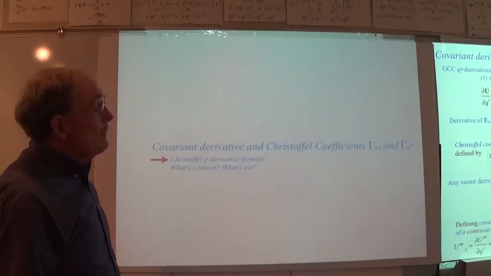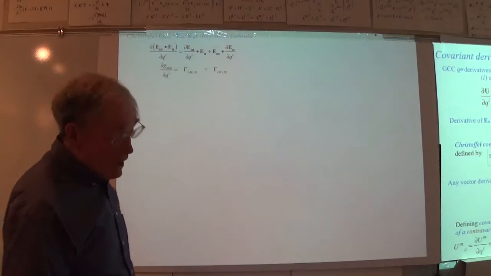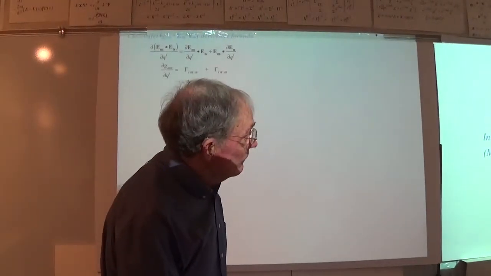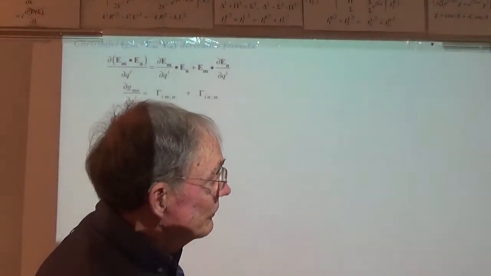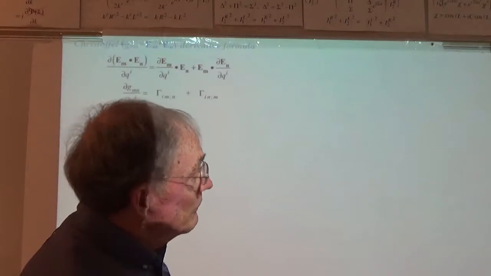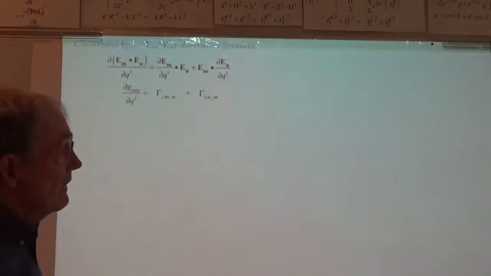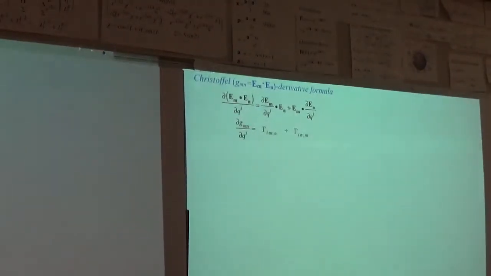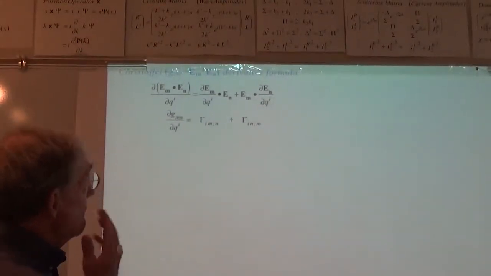All right, let's derive the old formula for Christoffel coefficients in terms of derivatives of the metric tensor. This is the Christoffel G derivative formula. And it turns out that basically all you do is take the derivative of the dot product of two covariant, or you can go ahead and do this for contravariant, but I'm not going to go through that.